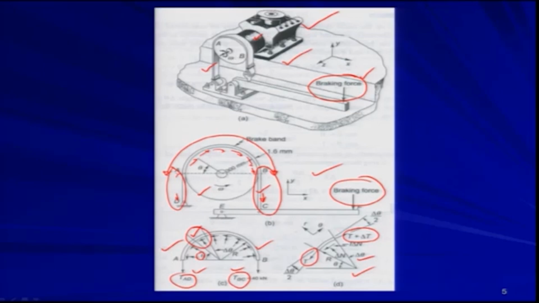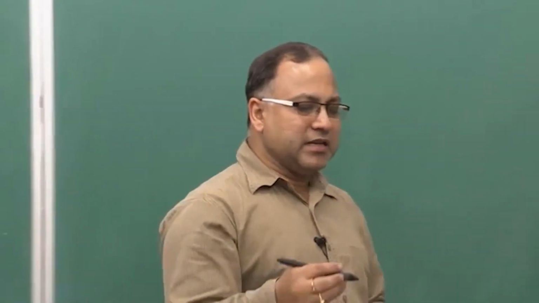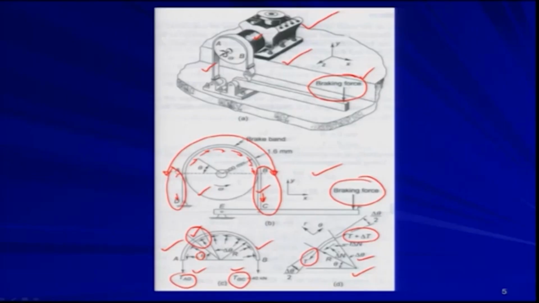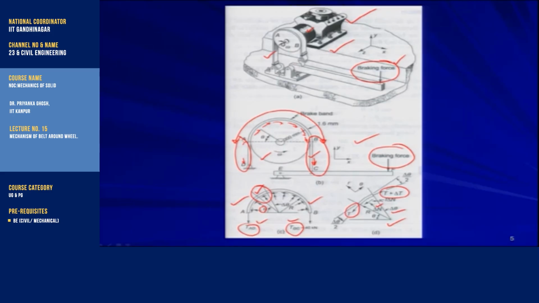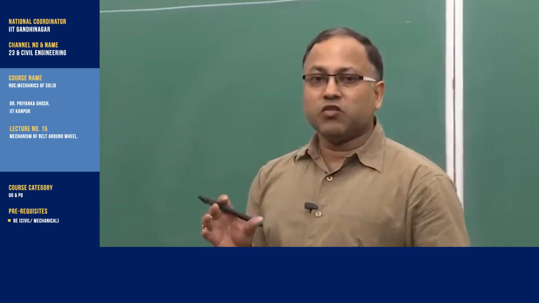The belt will give some radial force, normal to the belt, which we call delta N. Due to this radial force you get the development of the frictional force, that is f times delta N, where f is the friction coefficient. Up to this there is no problem.